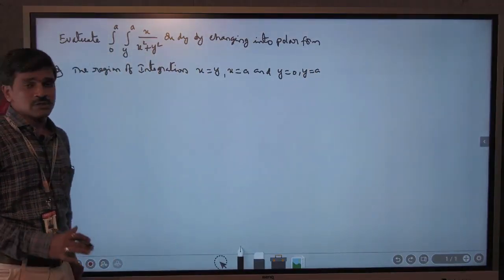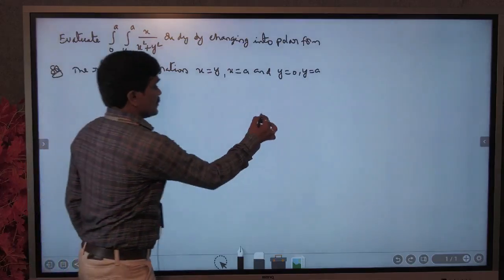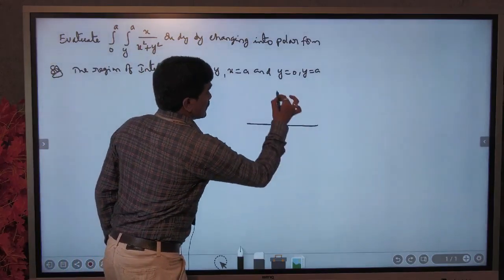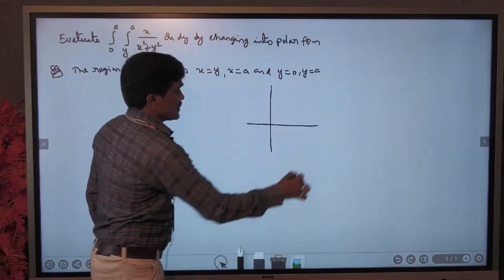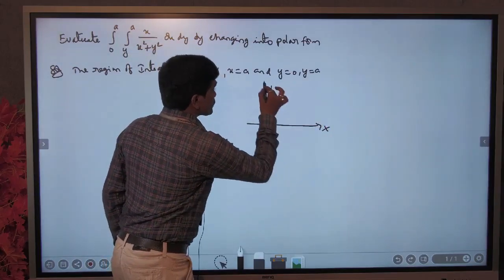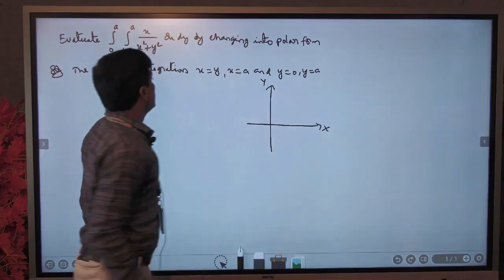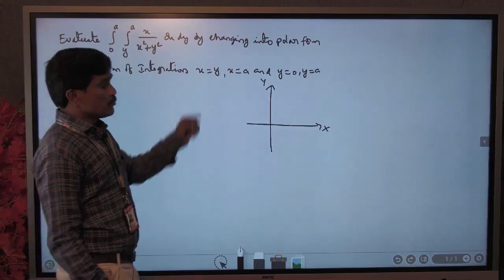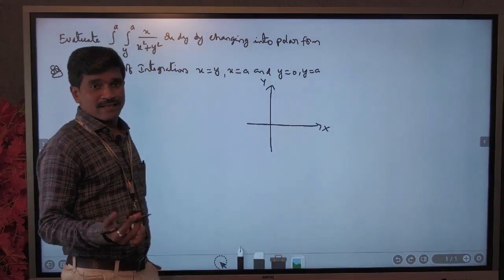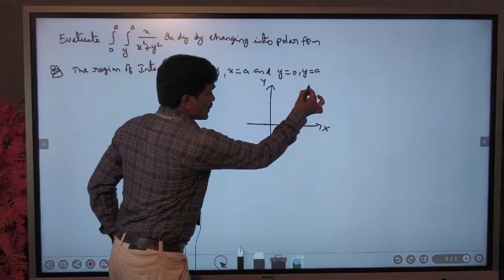Now first of all draw the given curves. What are the given curves here? This is the x axis and y axis, right. Now x is equal to y is the line equation passing through the origin.